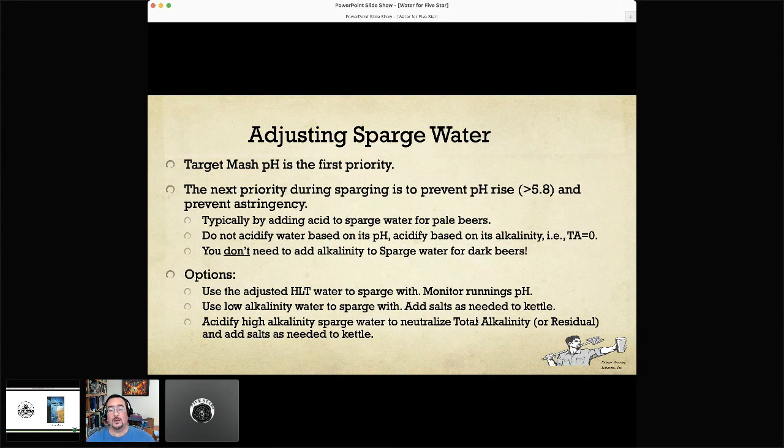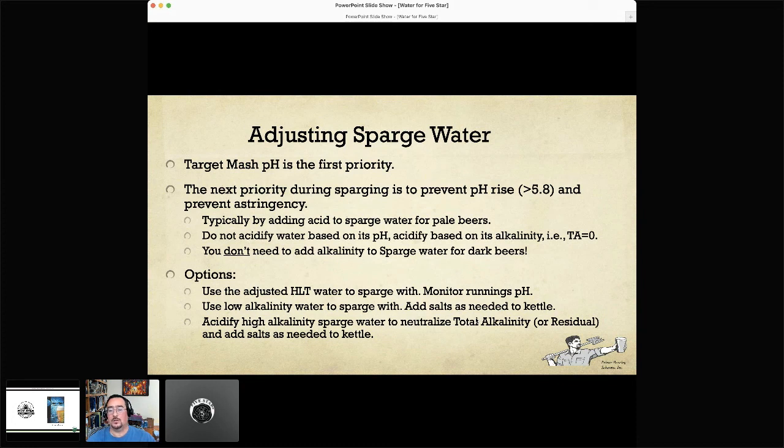All right. Also, you don't need to add alkalinity to your sparge water when you're brewing dark beers. You've added the alkalinity to the mash to buffer the pH of the mash to keep it in that 5.4 to 5.6 range. But if you sparge with alkaline water at this stage, you'll eventually start seeing that pH rise again, and you don't want that.